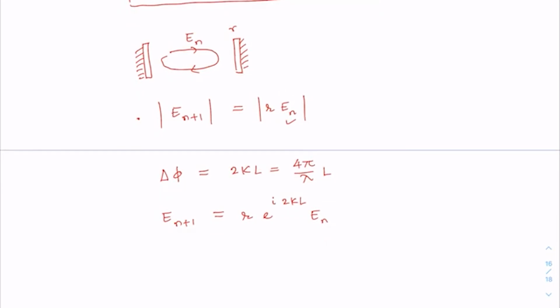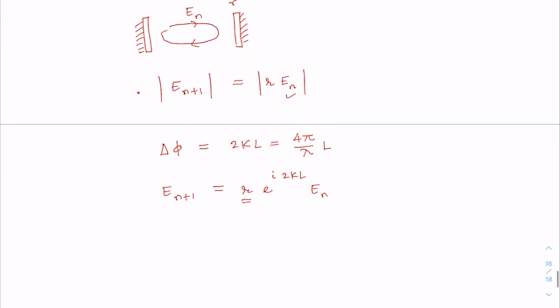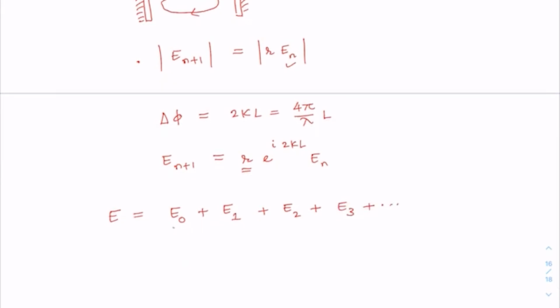Now let us assume that this R is real, and then consider the total electric field over all the round trips. Say initially we had electric field E0, then after one round trip we have E1, and then E2, E3, and so on, related by this relation.